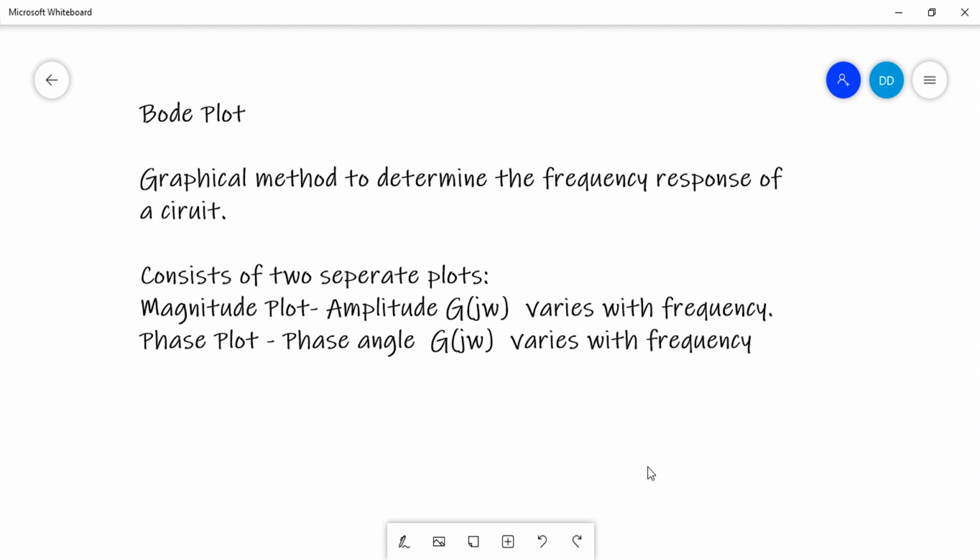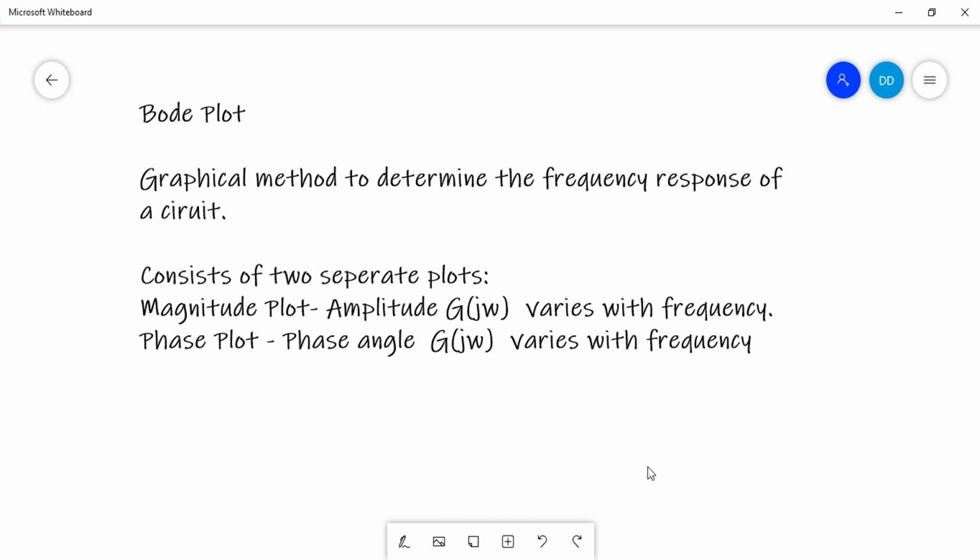So this Bode plot is a graphical method to determine the frequency response of a circuit. It is named based on the work done by H.W. Bode. It consists of two separate plots. The first one is the magnitude plot and the other one is the phase plot.